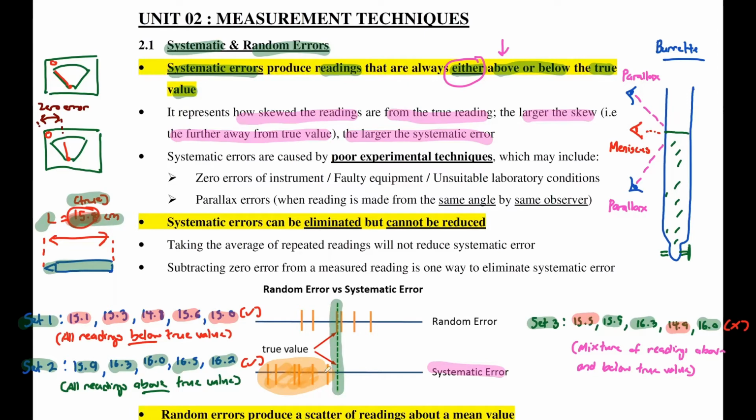Notice that they are all on one side of the true value or skewed towards one side of the true value. If these readings were shifted even more towards the left, we would have said that the systematic error has increased.